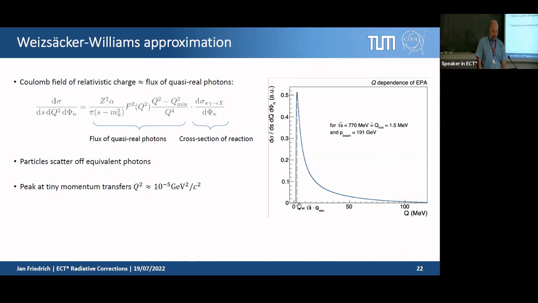And one has to keep in mind here, sometimes it's said that you don't measure really with real photons, but the virtuality of these photons in the peak is on the range of 10 to the minus 5 GeV squared. So here on Q itself, it is at 1.5 MeV.